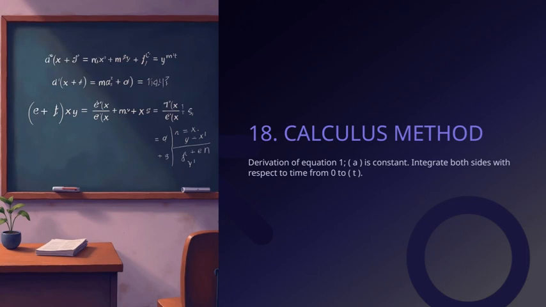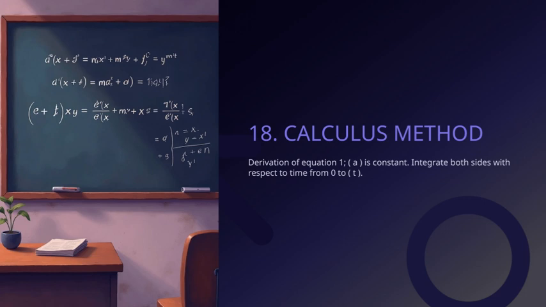Let's look at how we derive equation 1. First, note that the term a is considered constant here. This assumption simplifies our calculations and allows us to focus on the relationship between the variables. Next, we integrate both sides of the equation with respect to time. Starting from 0 up to a general time t, this step is crucial because it transforms the differential equation into an integral form, making it easier to analyze and interpret.